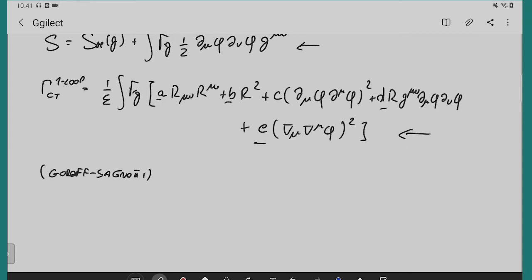The two-loop counterterm, using some symmetry of the Riemann tensor and invariance under diffeomorphism, is just one. And it is proportional to Riemann cube. So there is some constant.